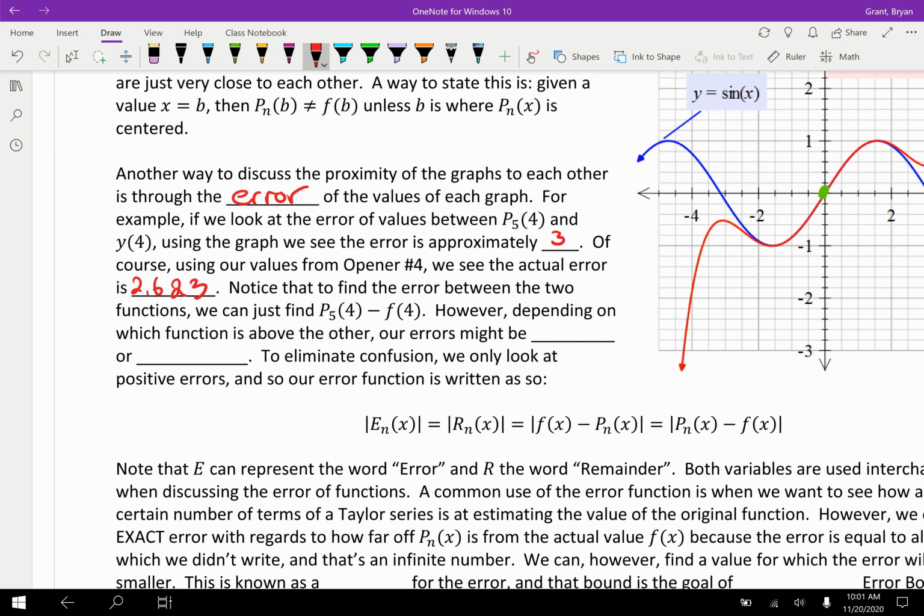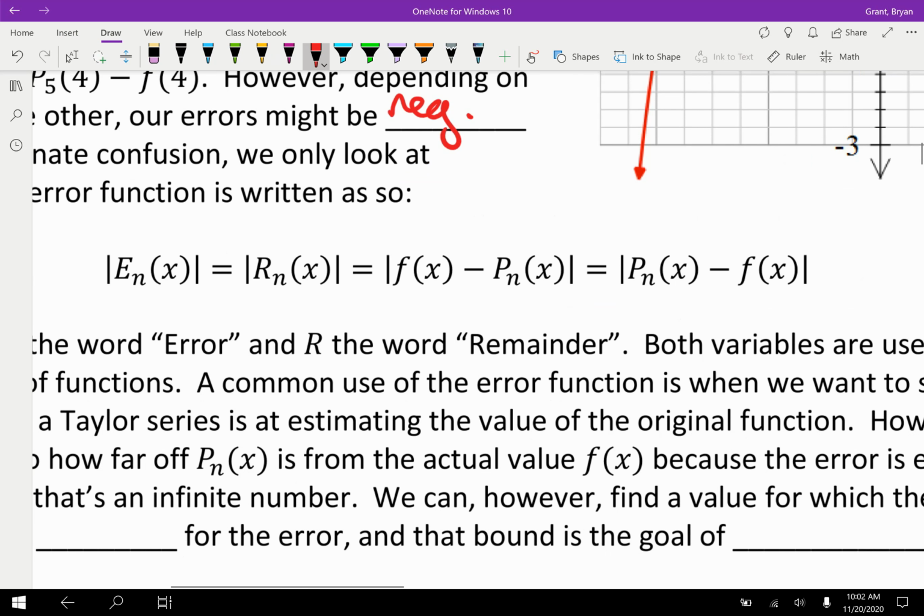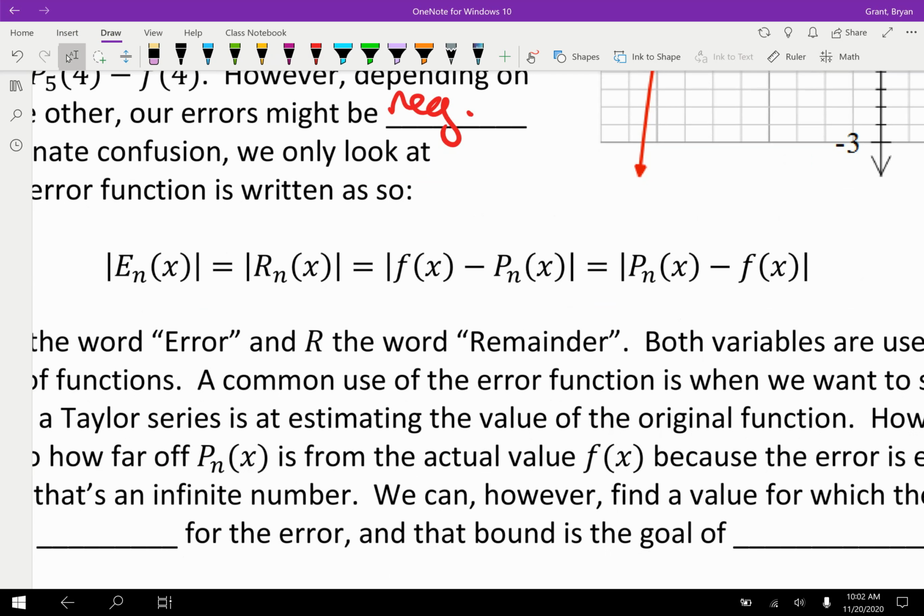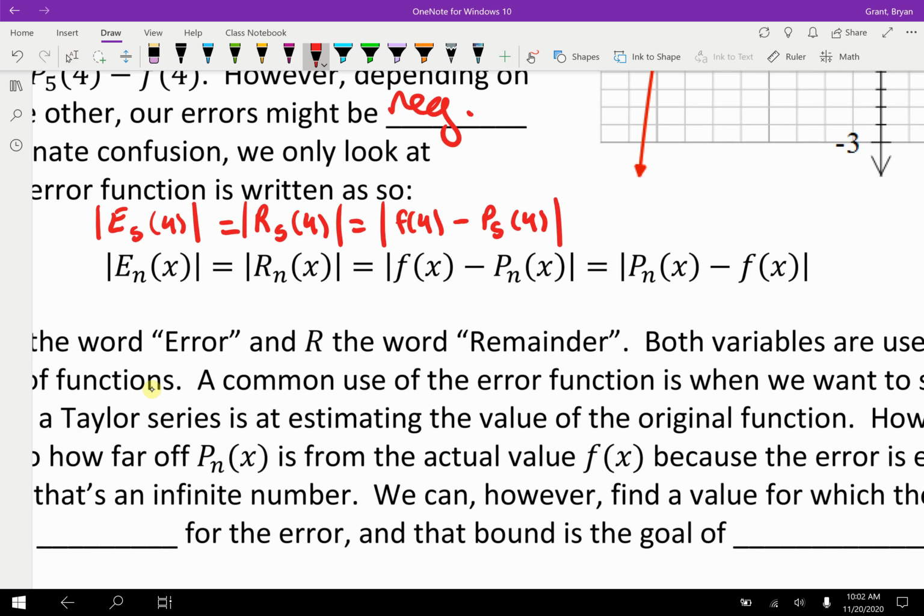Depending on which function is above the other, our errors might be negative or positive. And so to eliminate confusion, we always think of error as the distance, and distance is always positive. So our error function, and in this case I'll write what we just found up above, the error of the 5th degree polynomial at an x value of 4, which is sometimes written as the remainder, we'll talk more about that in a second, of the 5th degree function evaluated at 4 is equal to the actual value of sine at 4 minus our 5th degree function at 4.